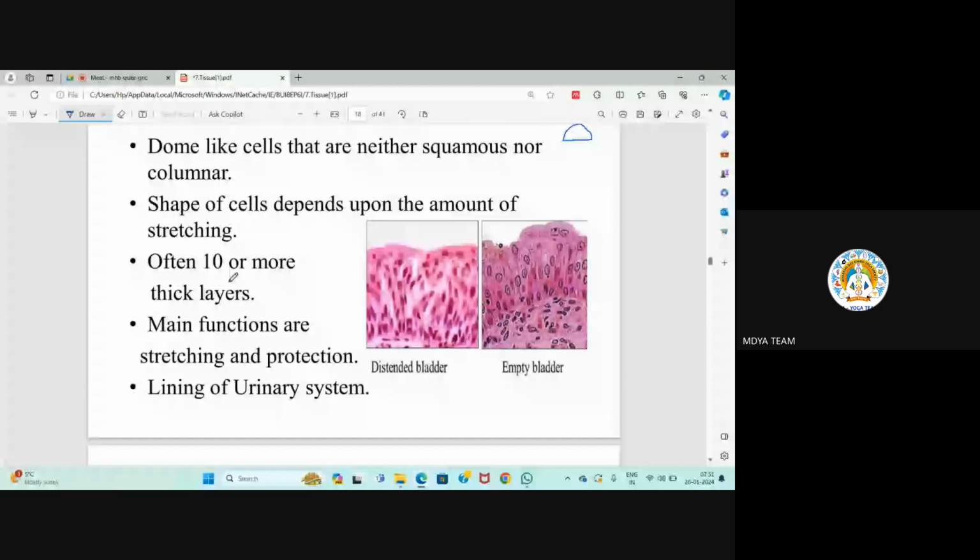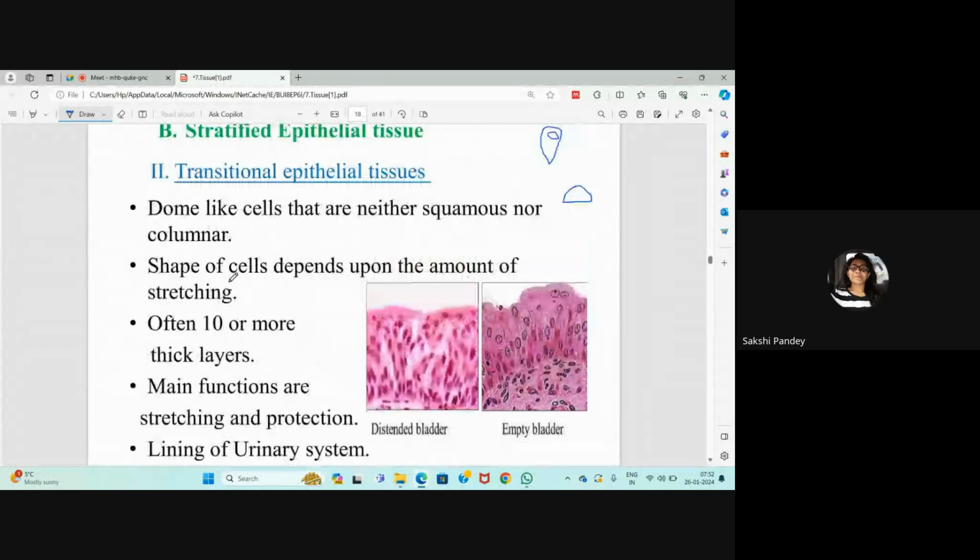Till where did you get the concept? The explanation part, ma'am, of the transitional epithelial tissue. You understood the dome-like structure? Yeah, that line is clear. Okay. So the shape of cells depends on the amount of stretching.